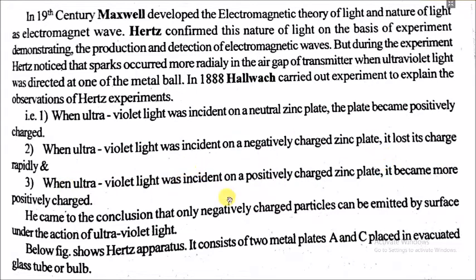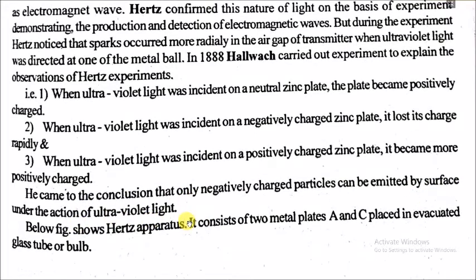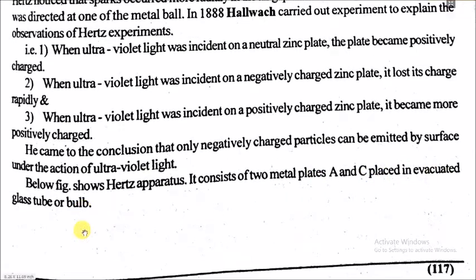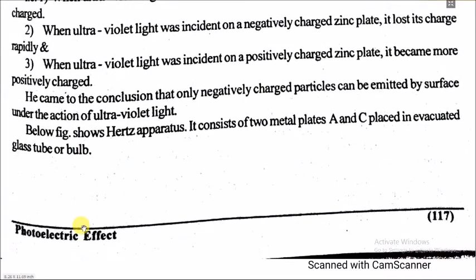So from all these observations, we can conclude that only negatively charged particles can be emitted from that surface due to the ultraviolet light. To explain this concept, Hertz had an experimental arrangement consisting of two metal plates, A and C, placed in an evacuated glass tube or bulb, as given in this diagram.